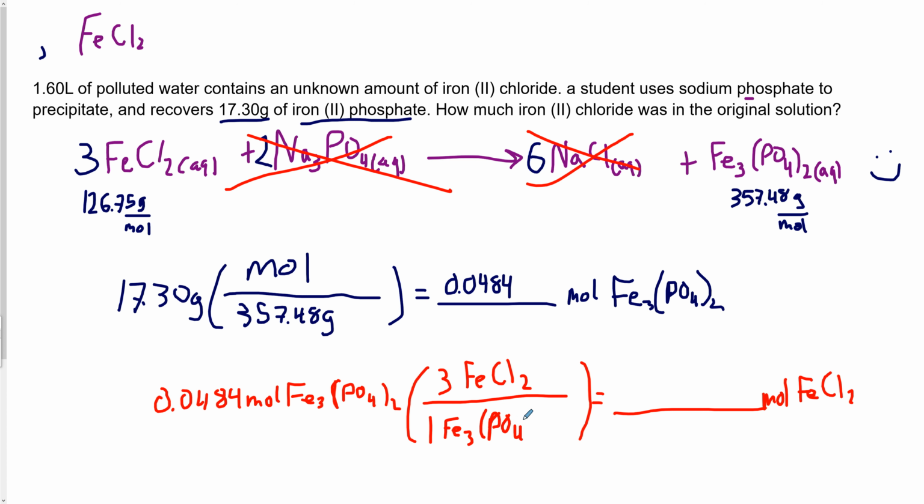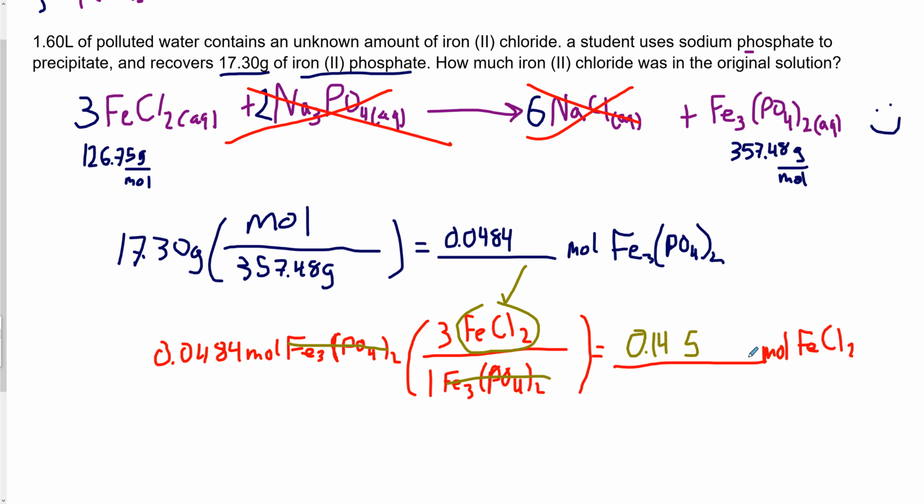So that's going to let us rid ourselves of the Fe3(PO4)2, and it's going to bring in the FeCl2, which is what we care about. So I'm just going to multiply the number that's already in my calculator by 3, and we get 0.145 moles of FeCl2.